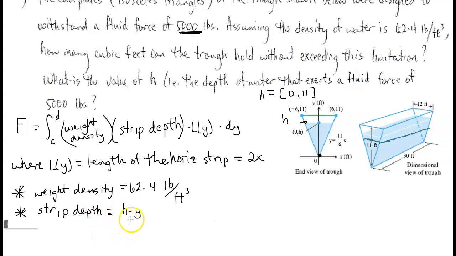Now, you may be wondering, why are we using h minus y instead of just h or just y? Okay, so I'm going to go ahead and explain that now. So remember that this strip depth here is actually a part of what we need to use to be able to model the pressure that is actually being applied on these end plates, okay? And based upon the actual height of the water, the pressure is going to be a little different, okay? So my point here is this.